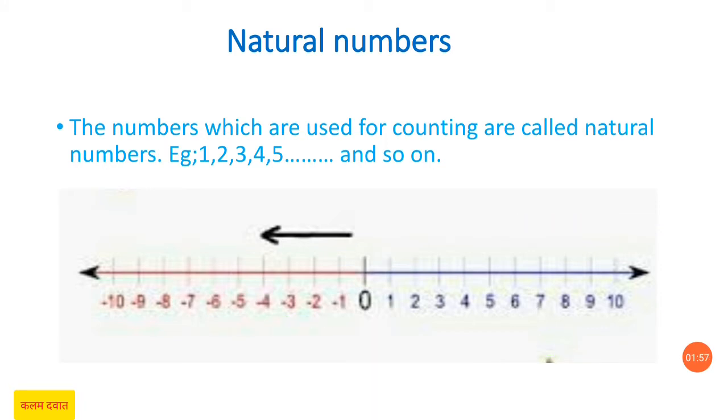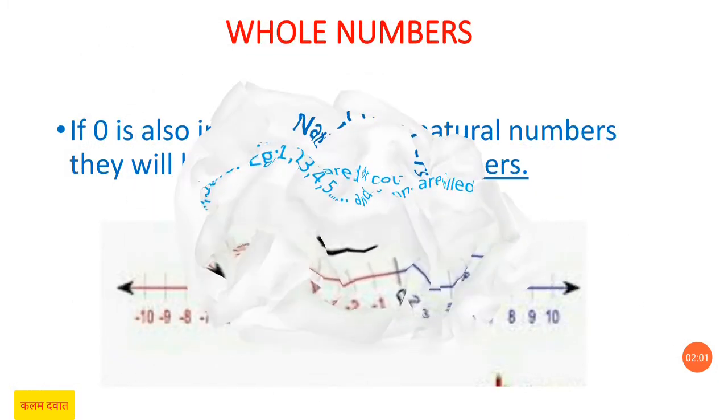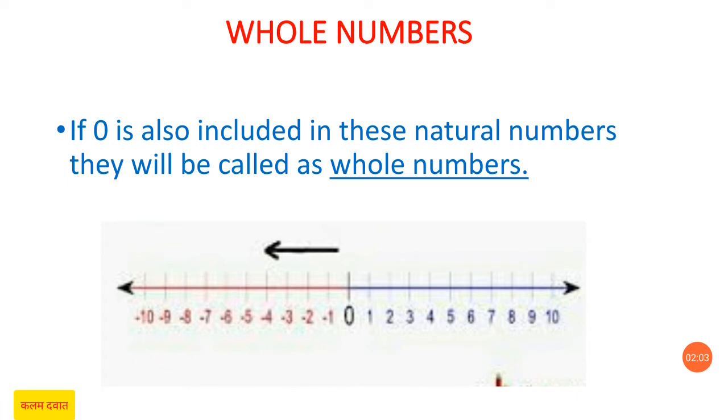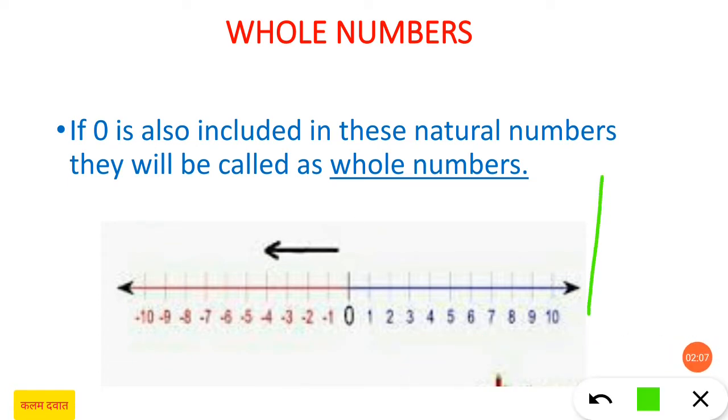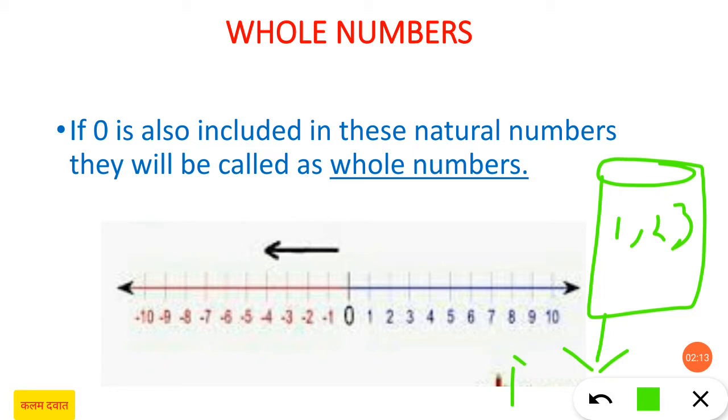Next, now we have a box with the numbers 1, 2, 3 and so on in it, and the denotation was N. They were natural numbers. Suppose 0 also enters this, we put a 0 also there.